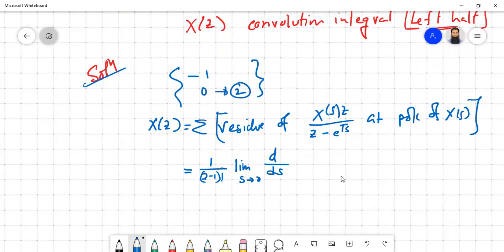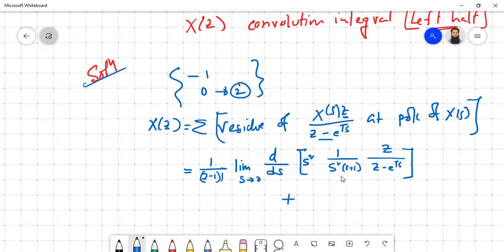Then the pole is at s equal to 0, so you have to multiply the whole function with s square. So basically 1 by s square (s plus 1). Don't forget these parameters, these are also present, so z by z minus e to the power ts. So this is the multiple pole.